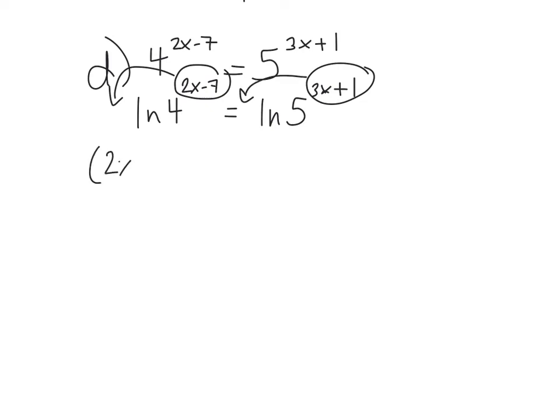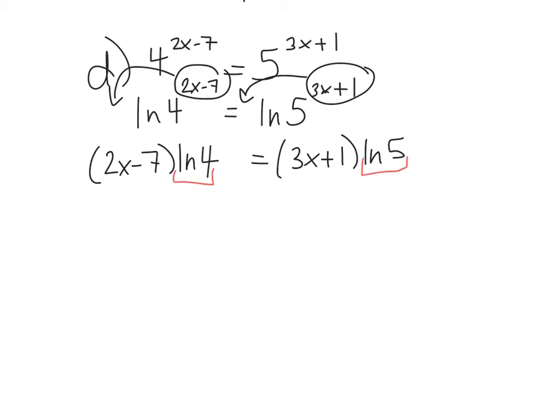Now notice I'm going to put this in parentheses, okay? And the reason I put in parentheses is because I need to remember that I have to distribute my little number over here to both pieces.